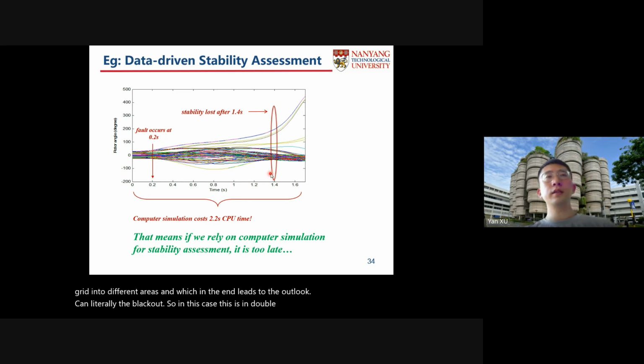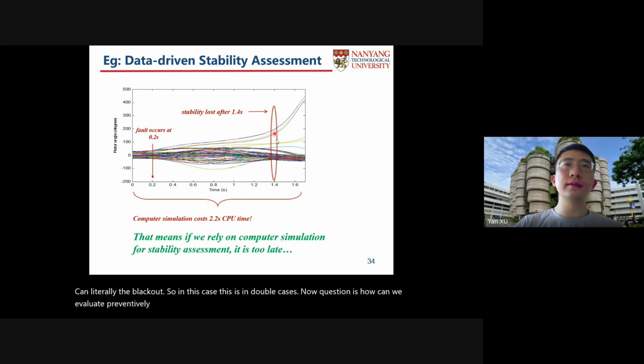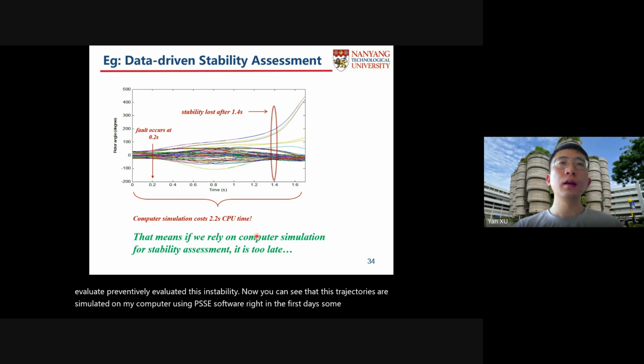Now, the question is, how can we preventively evaluate this instability? You can see that these trajectories are simulated on my computer using PSSE software. In the first day, some students asked me which software we use.